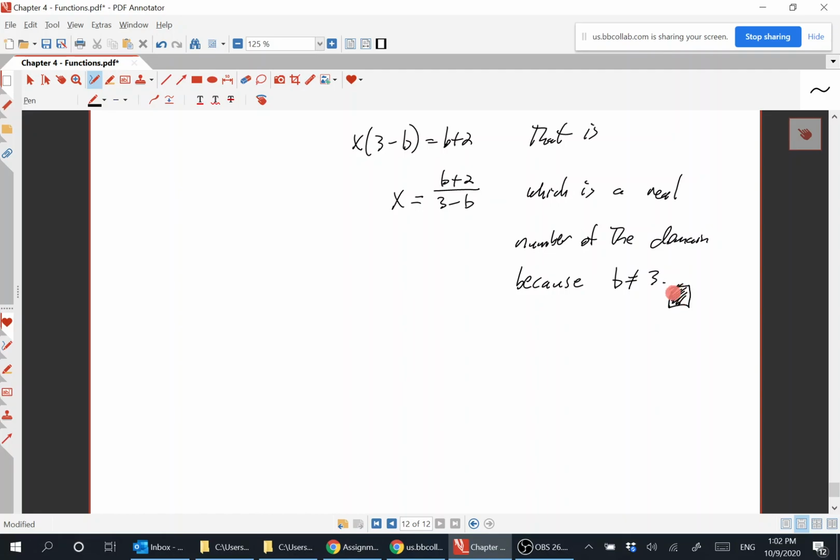So that function is both injective and surjective. When a function is injective and surjective, we have what's known as the following.